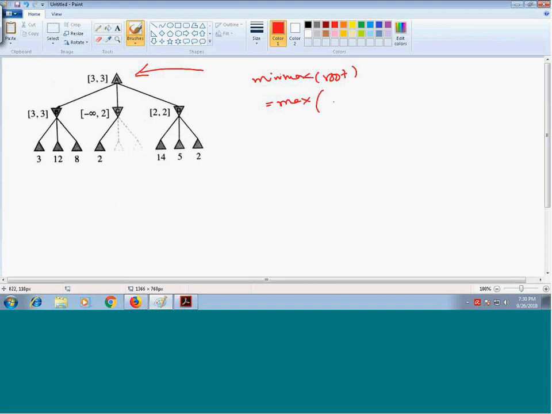You take a maximum; initially you see three values are there, 3, 12 and 8. And second from this place, you take the minimum of this particular thing, that is 2.